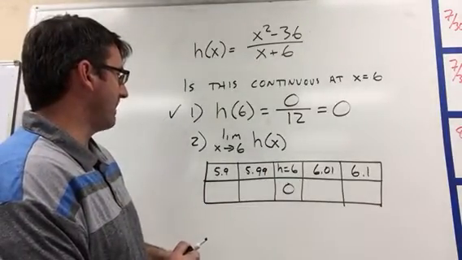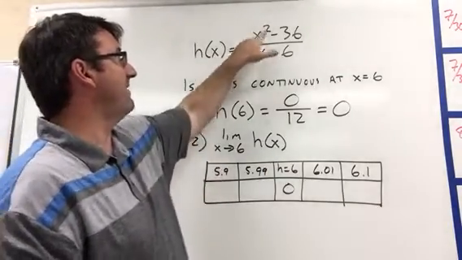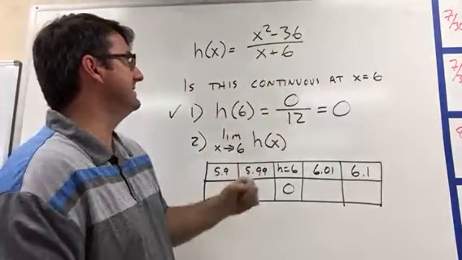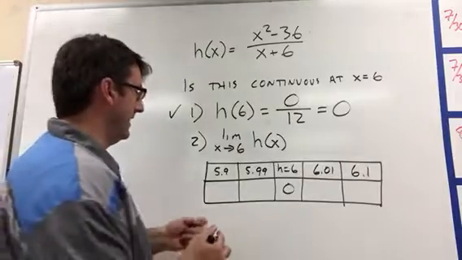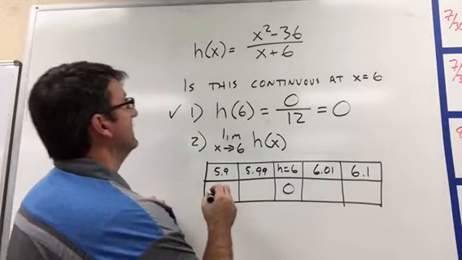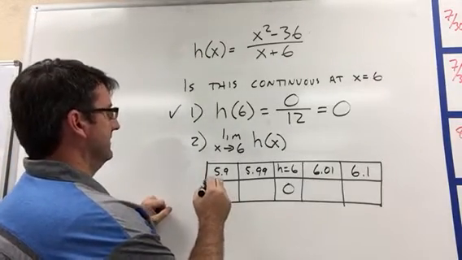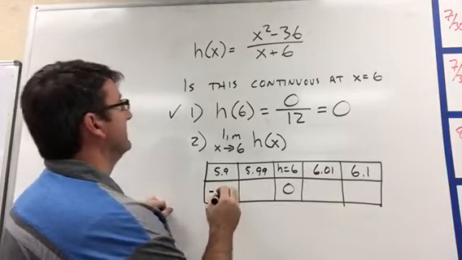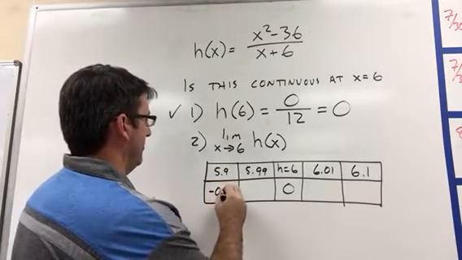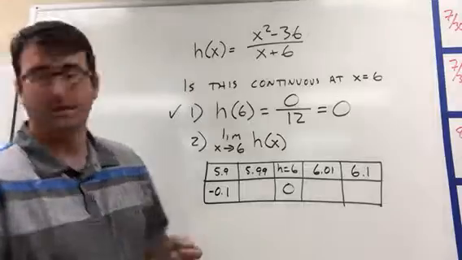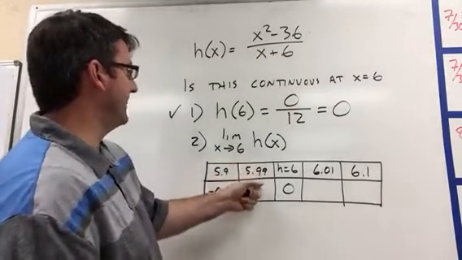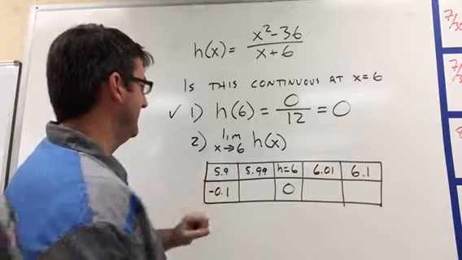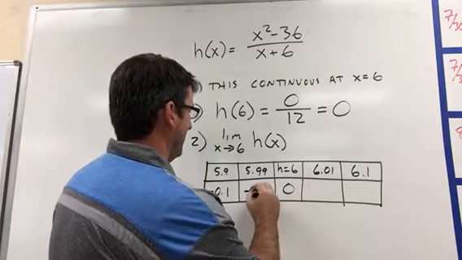So if we plug in 5.9 squared minus 36 divided by 5.9 plus 6, this gives us negative 0.1. And then if we plug in 5.99, this is going to give us negative 0.01.